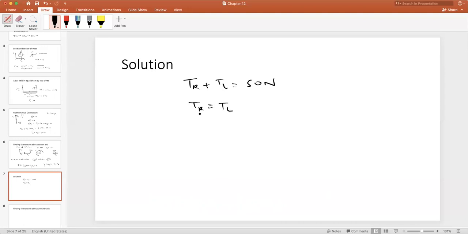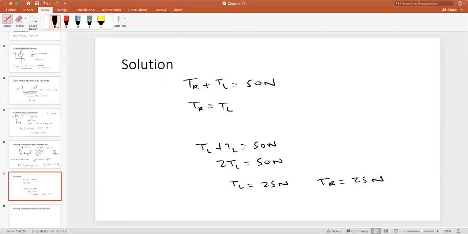Therefore, if I plug in for T_R, T_L, I get T_L plus T_L is 50 newtons, or 2 times T to the left is 50 newtons, or that T to the left is 25 newtons. Therefore, T to the right, which is also equal to T to the left, is also 25 newtons. And we're done. We found our two tensions.